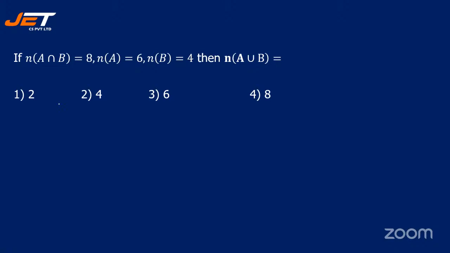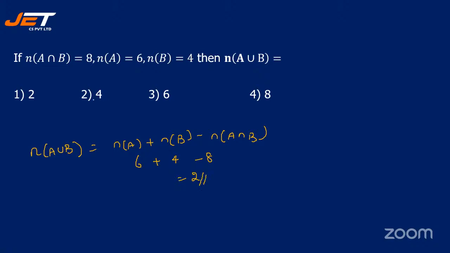The formula is n of A union B is equal to n of A plus n of B minus n of A intersection B. So here we have n of A is 6 plus 4, minus 8. So 6 plus 4 is 10, 10 minus 8 is 2. So your answer must be option 1.